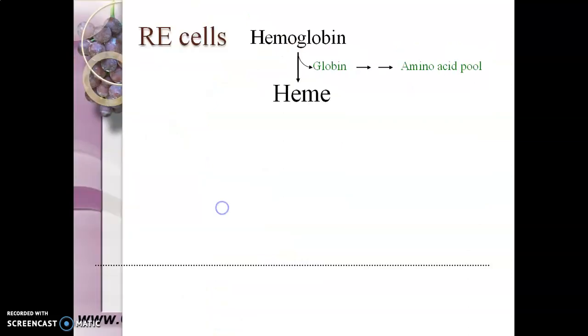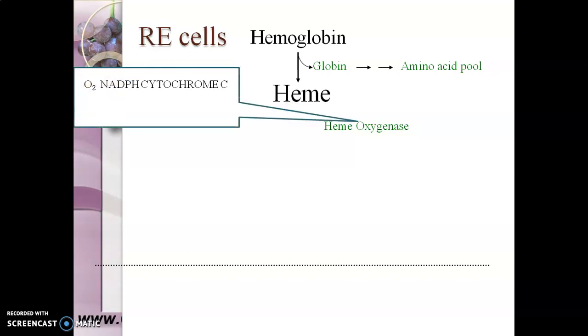Let us see how it is degraded. In reticuloendothelial cells, hemoglobin is degraded to globin and heme moiety. This heme is acted upon by the enzyme heme oxygenase, which is a monooxygenase system. It requires oxygen, NADPH and cytochrome C. Remember the porphyrin ring has 4 pyrrole rings.